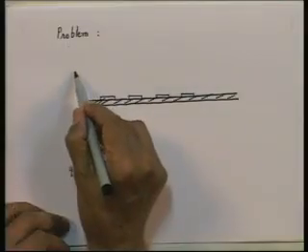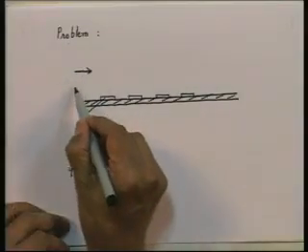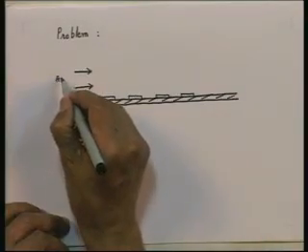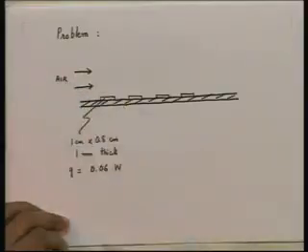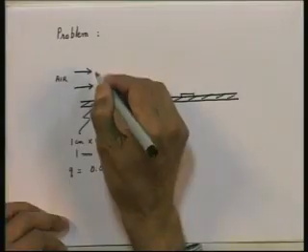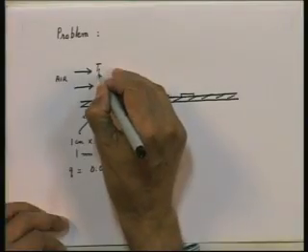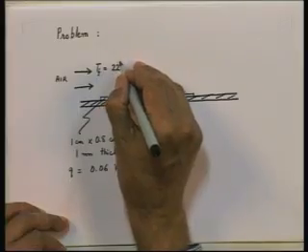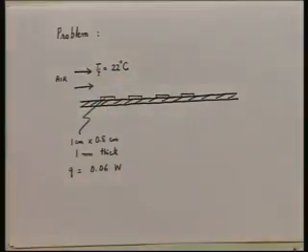In order to keep the surface temperature of this chip down to some particular value, we have air flowing over this chip. And let us say it is an external flow, and Tf, the temperature of the air, is equal to 22 degrees centigrade. All right.